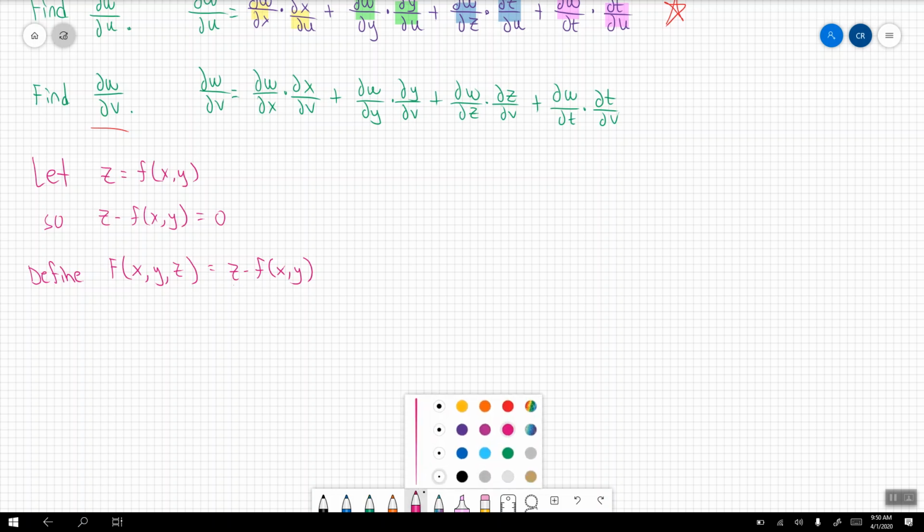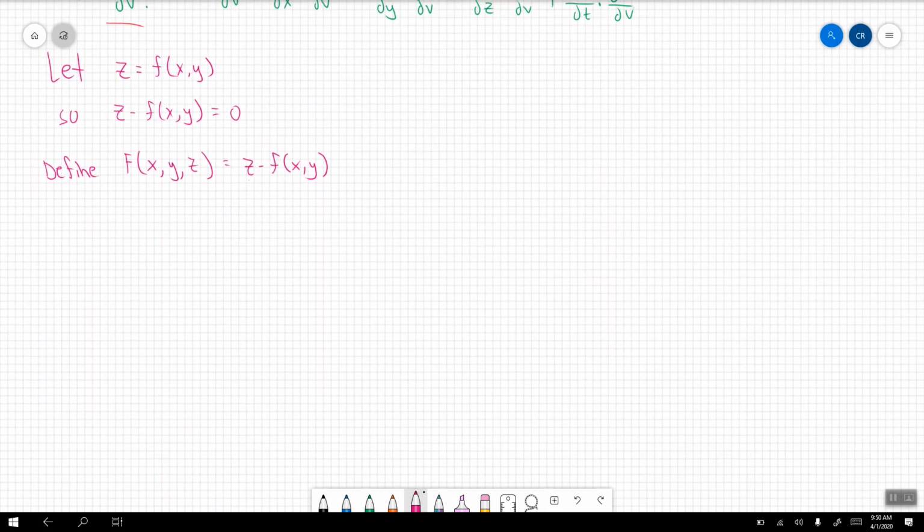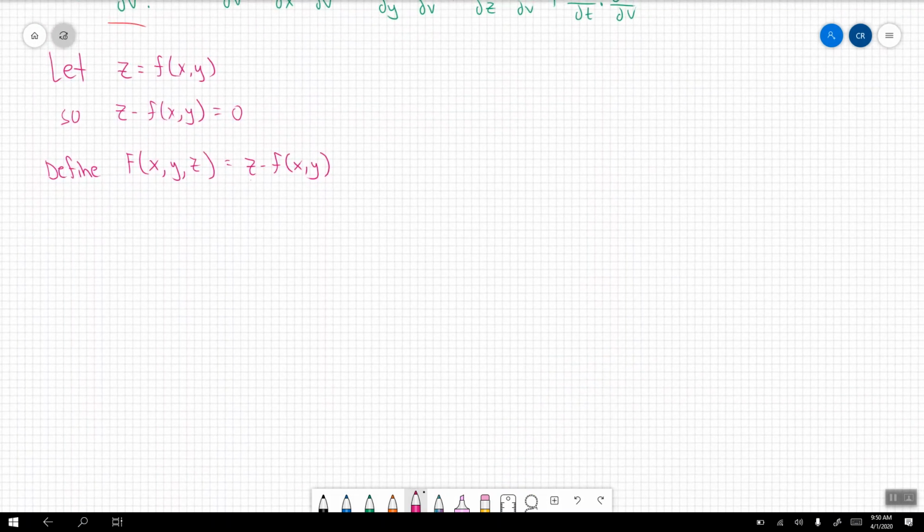What I want to do really quickly is calculate the total differential for this function, or in other words, calculate that using the chain rule. So I want to find the partial derivative of the function with respect to x.